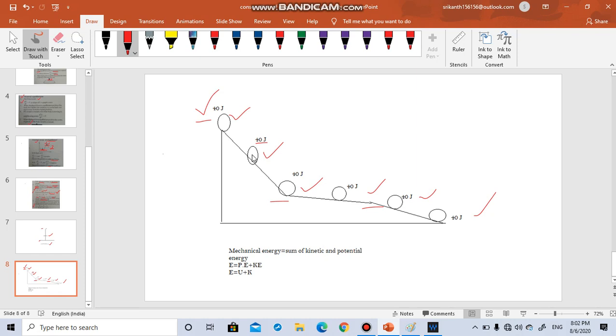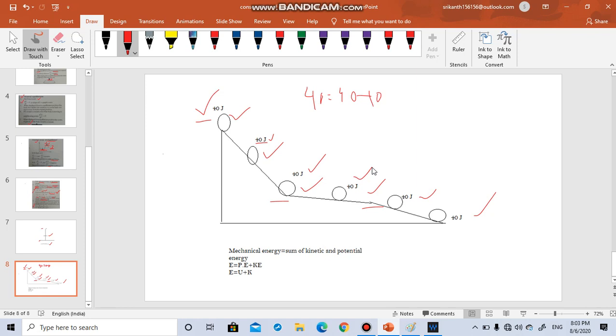Individually they may vary. Here it can be potential 40 and kinetic 0, here 30 plus 10, here 20 plus 20, here 10 plus 30. However, the sum is same. So this is the meaning of law of conservation of energy.